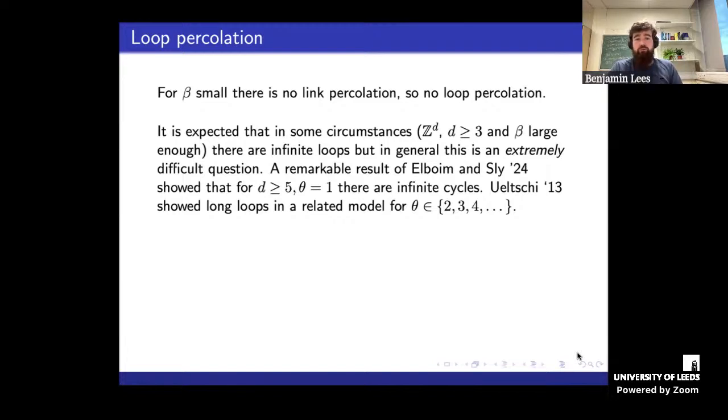So last year, there was a result that showed that for theta equals 1, there are infinite cycles in dimension at least 5. So this comes from coupling to a Brownian motion and showing that if a loop gets stuck in its past by revisiting parts of vertices it's already visited, it can still escape quite quickly, and hence we'll have infinite cycles. But that's essentially, for this case, the only positive result.